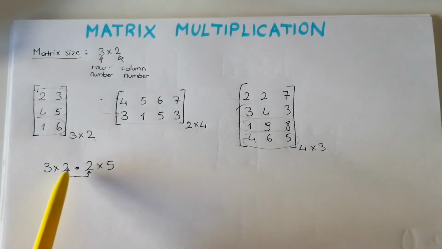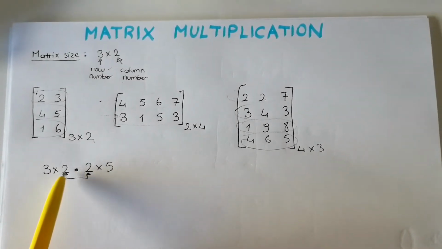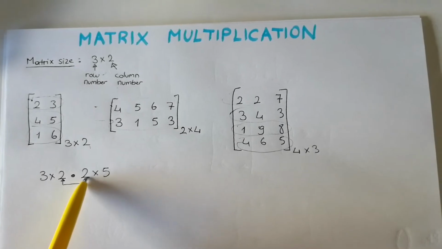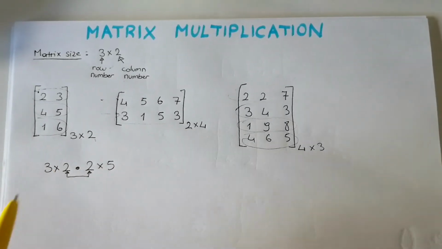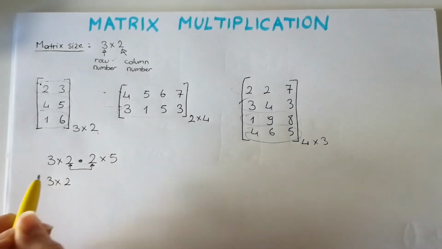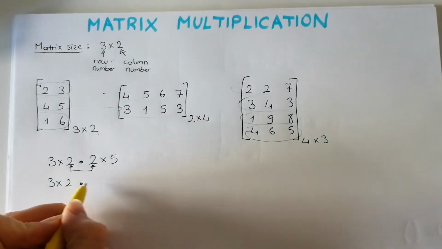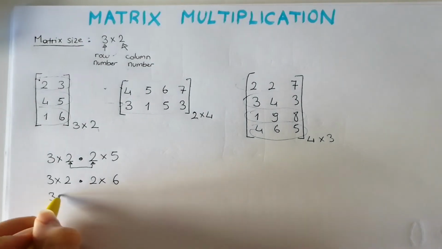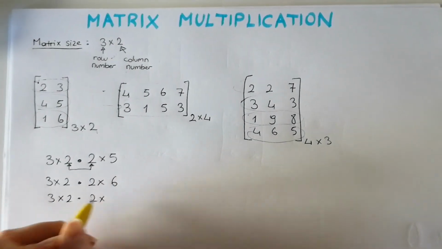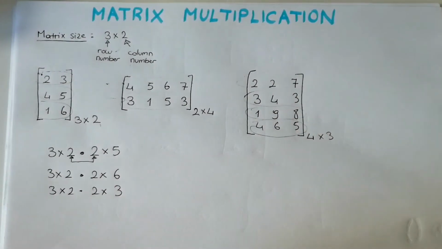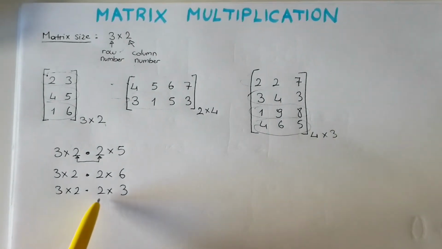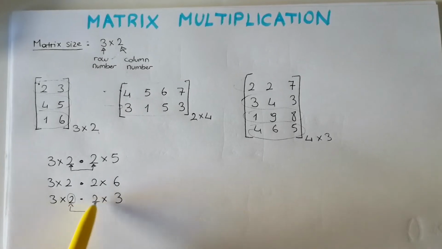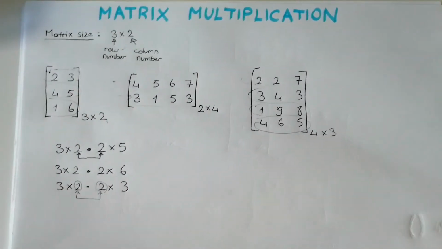So it means the column number of the first matrix should be equal to the row number of the second matrix. So we can also multiply this 3 by 2 matrix with a 2 by 6 matrix or a 2 by 3 matrix. Only thing is these two numbers inside should be the same.